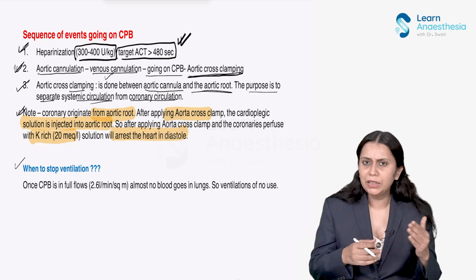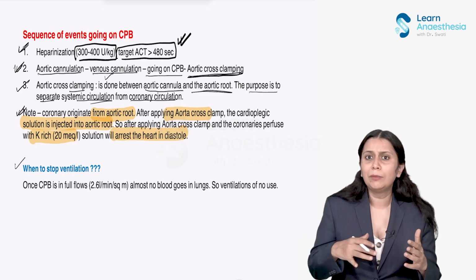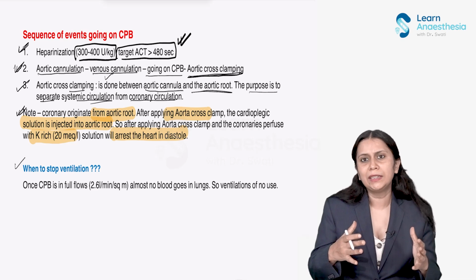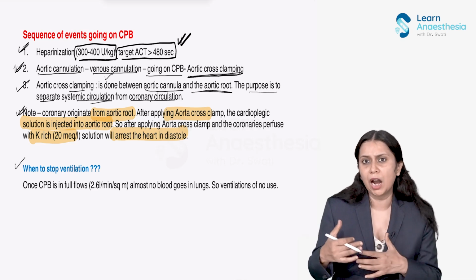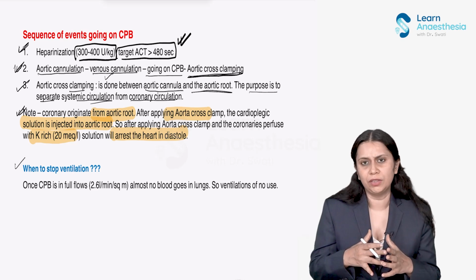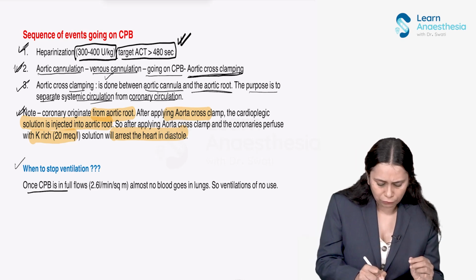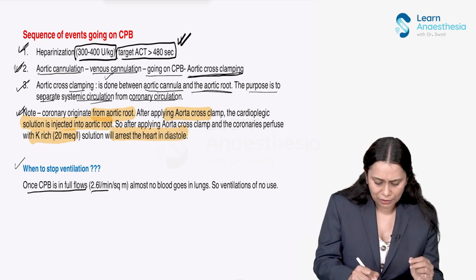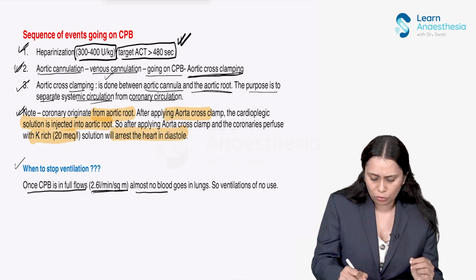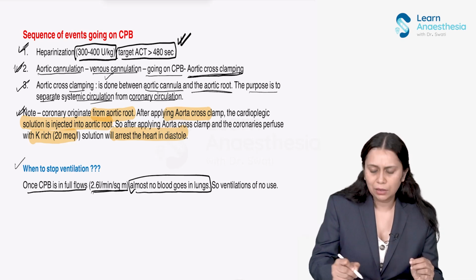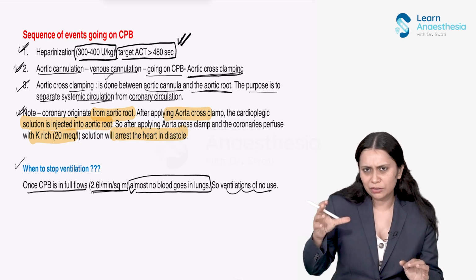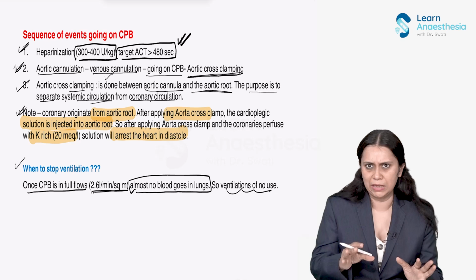But for that, we need to see whether the pump is doing its job properly, completely taking the blood away from the heart chamber. If adequate pump flow is achieved, if the CPB is in full flow, 2.6 liter per minute per meter square, then almost no blood goes into the lung. So at this point of time, we stop the ventilation gradually and completely.